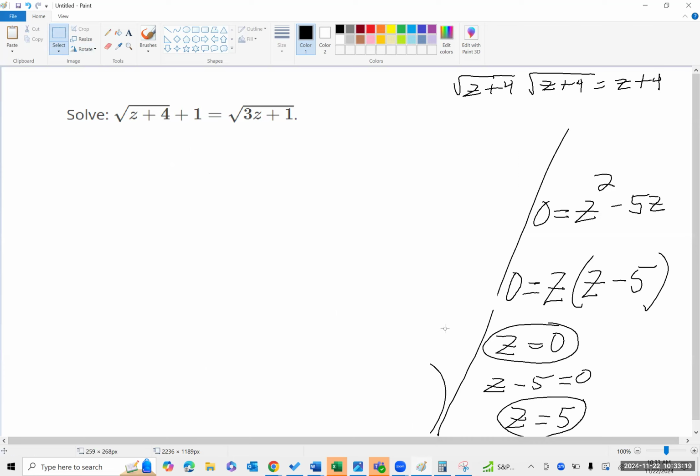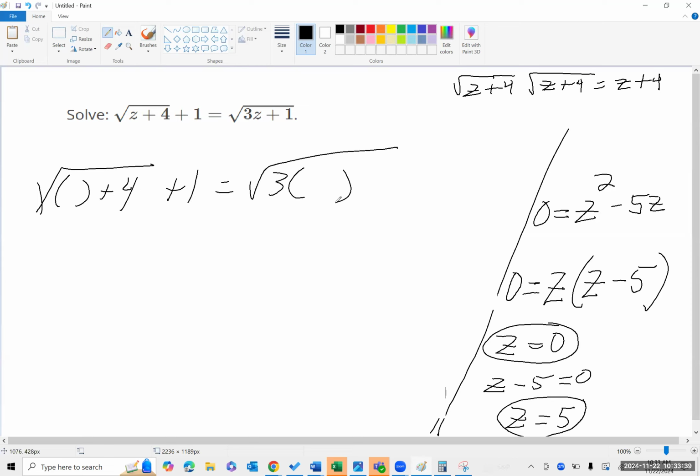So I've got the square root of z plus 4 plus 1 is equal to the square root of 3 times z plus 1. And we're going to copy this twice because we have to check the 0 and the 5.